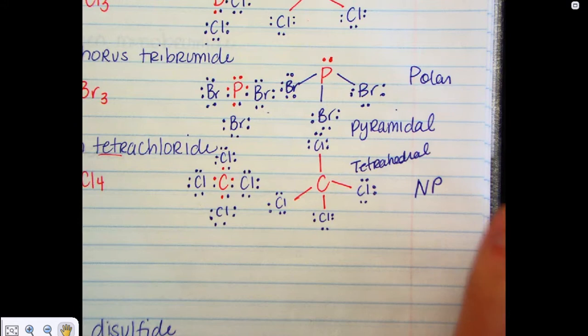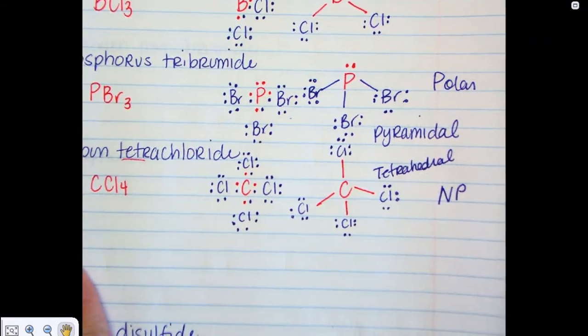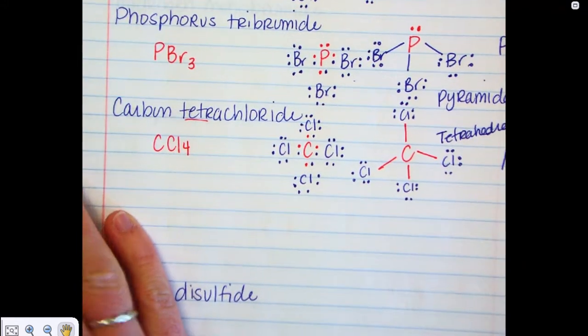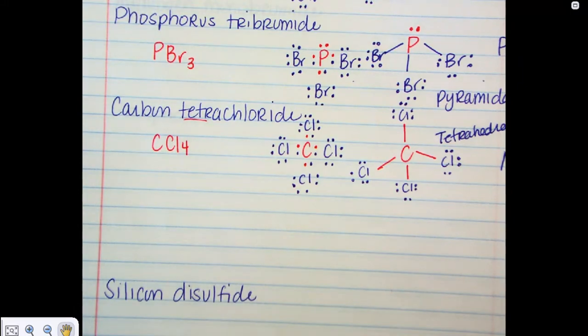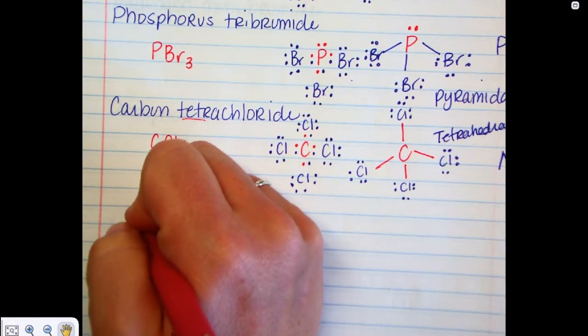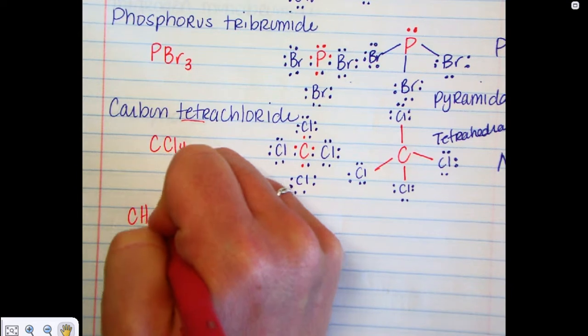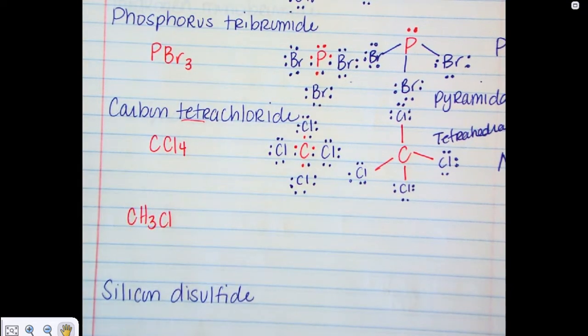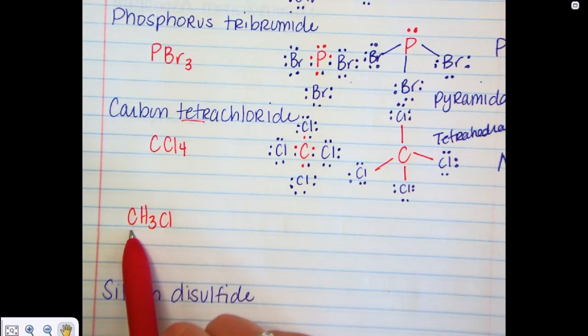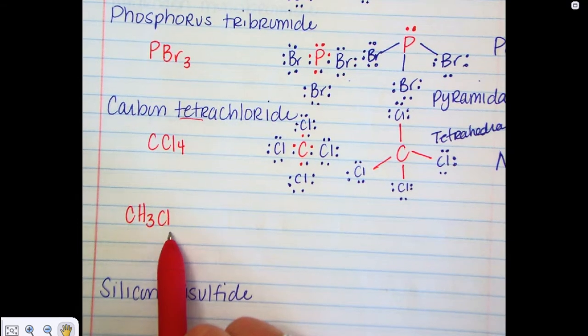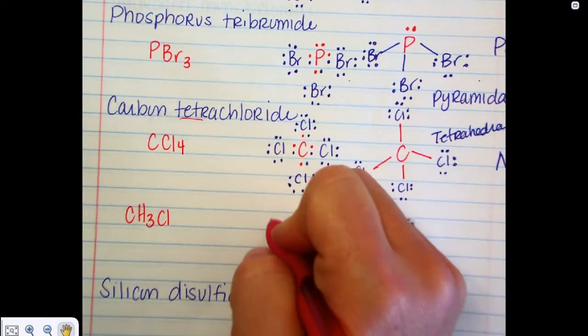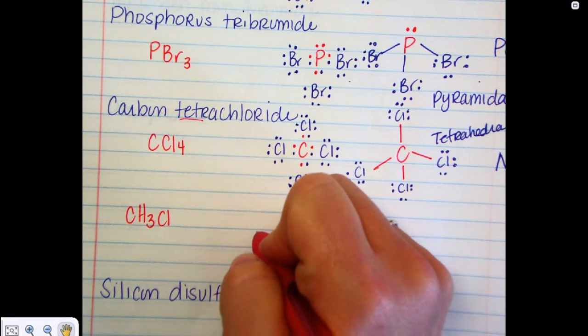Okay, so let me show you a variation on this. What if instead of CCl4, what if I changed it to be CH3Cl? So in this case, my carbon is bonded to 3 hydrogens and a chlorine. So let's draw that one out. It's still making 4 total bonds.